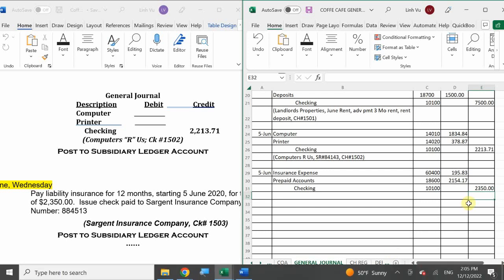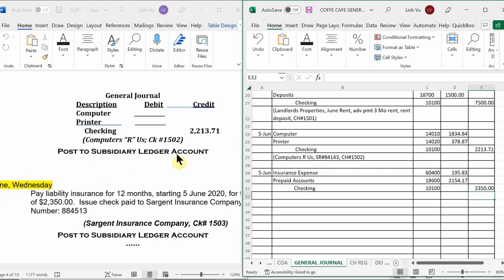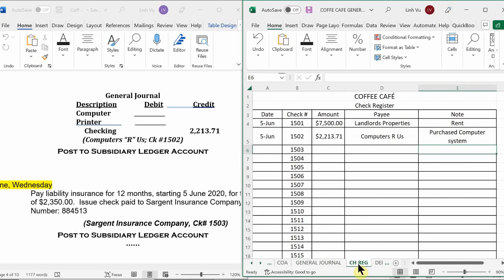Okay. All right. So before we finish the rest of the description, what needs to happen first? Check. You got to cut the check. So we go down to my check register. We issue check number 1503 for the total of $2,350.